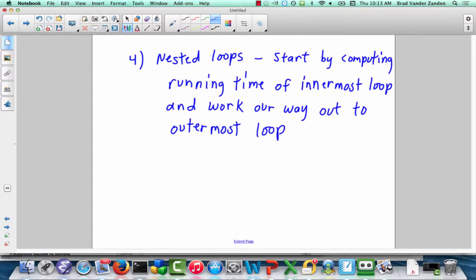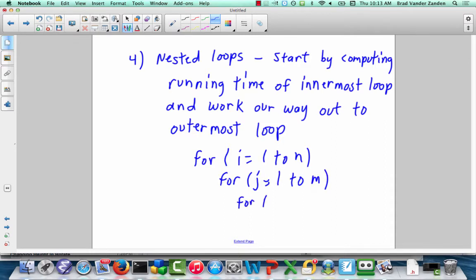Okay, so if we have for i equals 1 to n, for j equals 1 to m, for k equals 1 to, I don't know, w.